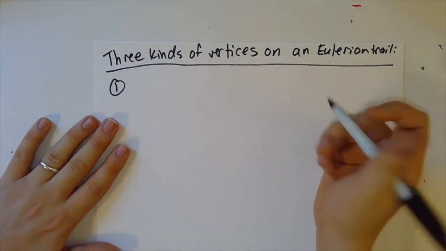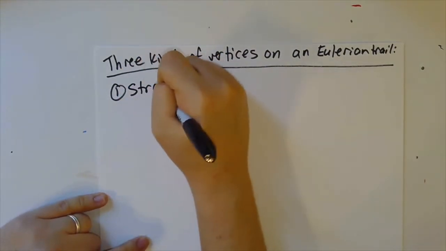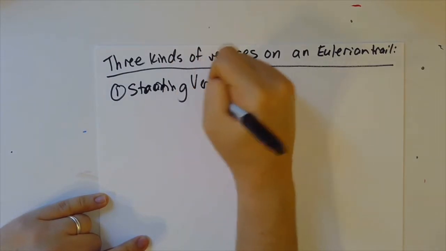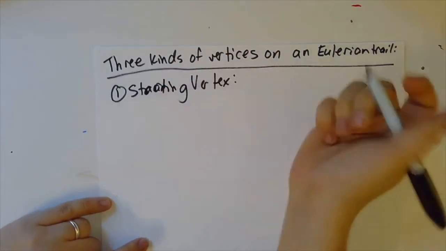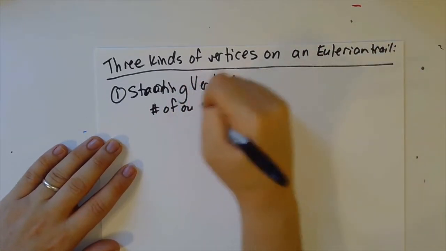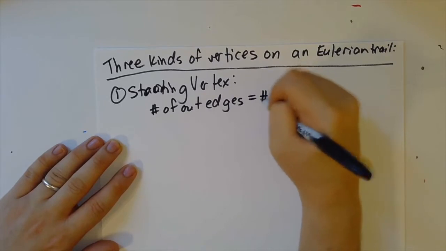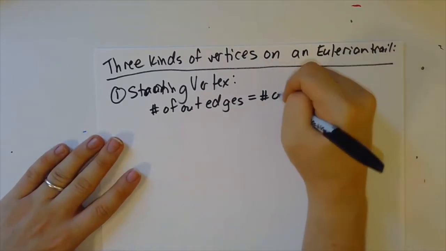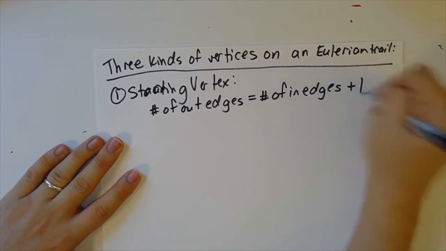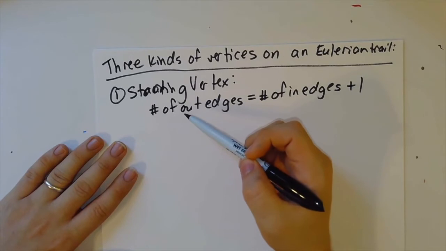And so the first kind is that kind. So the starting vertex has number of out edges that is one more than the number of in edges. Okay, I leave the vertex one more time than I come in.